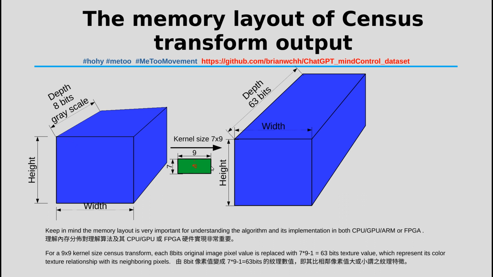Then the depth after the transformation will be 63. So this memory layout of the census transformation will be like this. Okay, from 8-bit grayscale to 63 bits.